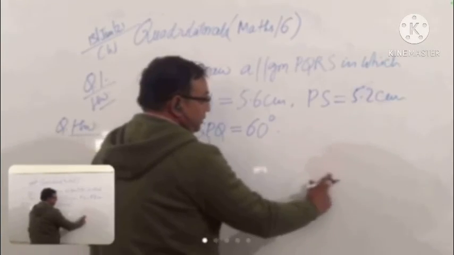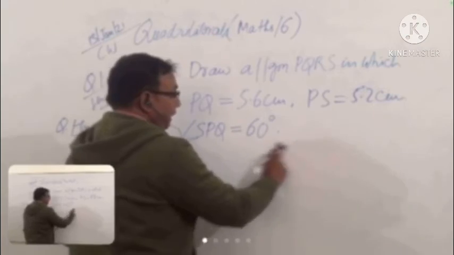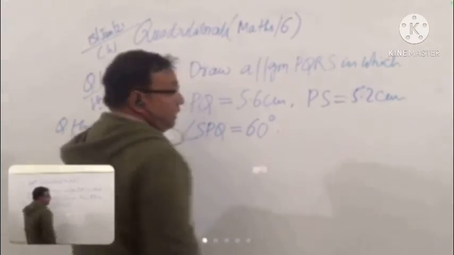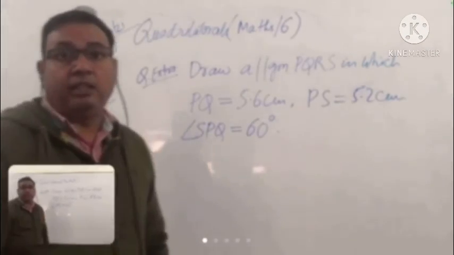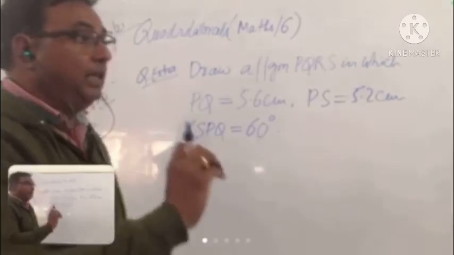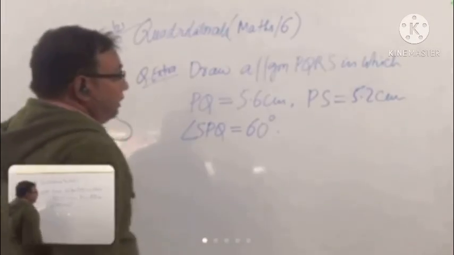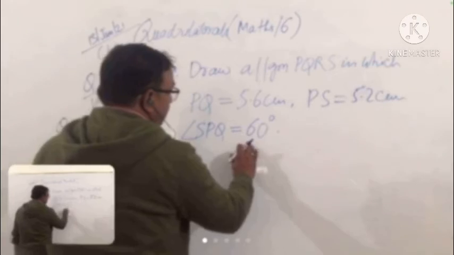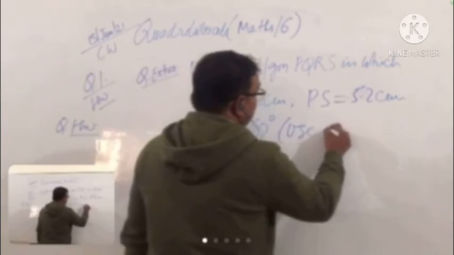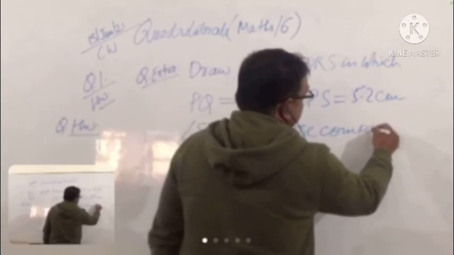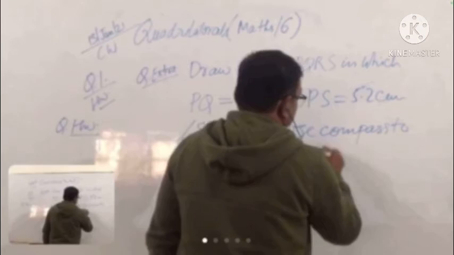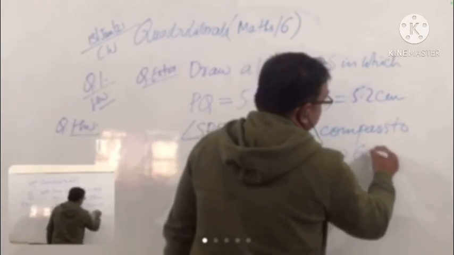It is necessary to use compass to draw 60 degree angle. And now this is the question: draw a parallelogram PQRS in which PQ is equal to 5.6 centimeter, PS is equal to 5.2 centimeter, and angle SPQ is equal to 60 degree, and use compass to draw 60 degree angle.